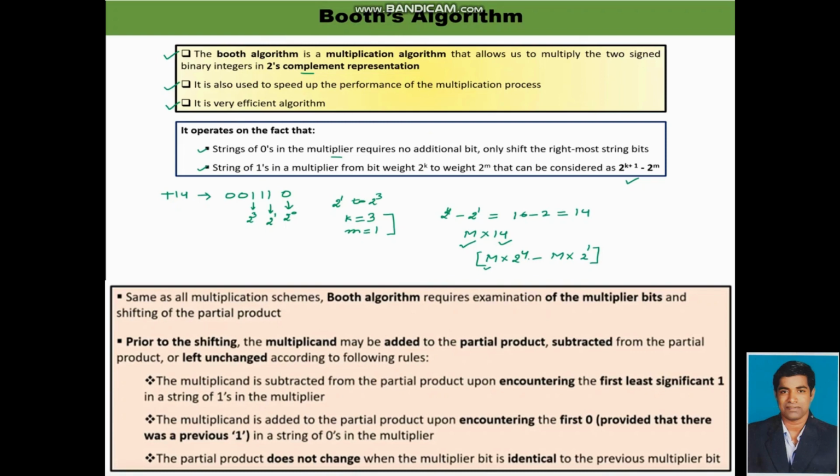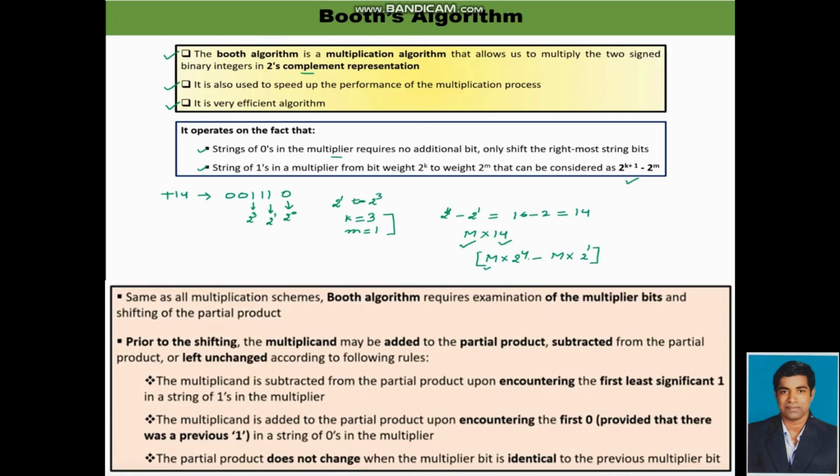Same as all multiplication schemes, the Booth algorithm requires examination of the multiplier bits and the shifting of the partial product. The second rule is, prior to the shifting, the multiplicand may be added to the partial product, subtracted from the partial product, or left unchanged according to the following rules.